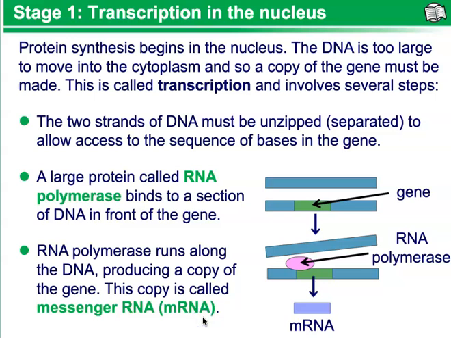RNA polymerase runs along the DNA, producing a copy of the gene. This copy is called mRNA, or messenger RNA. It is sending the message of DNA and allowing the ribosome to read that message and eventually make proteins.